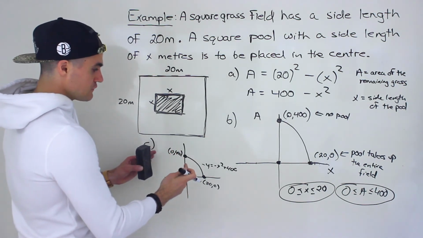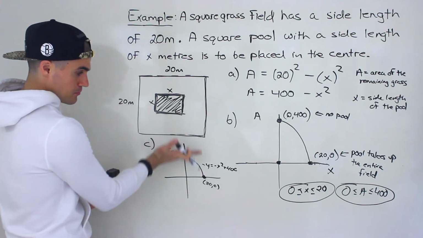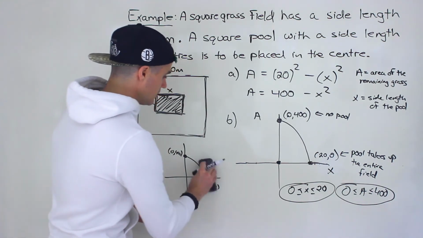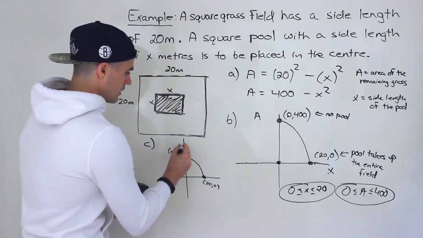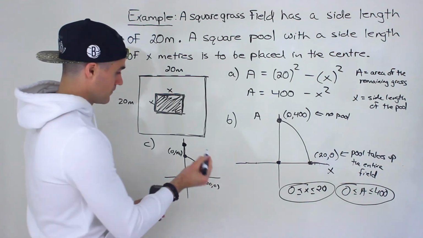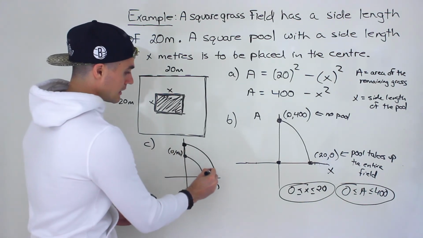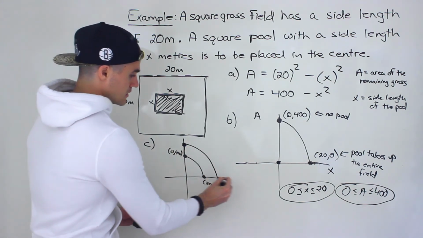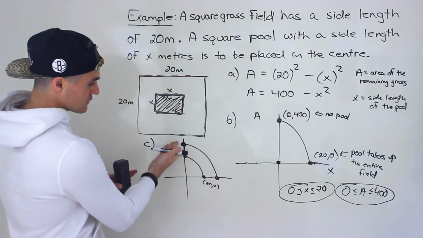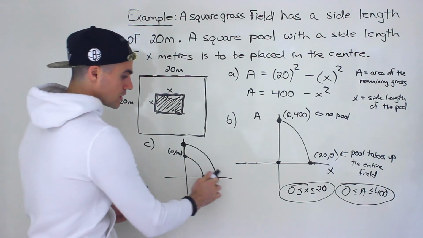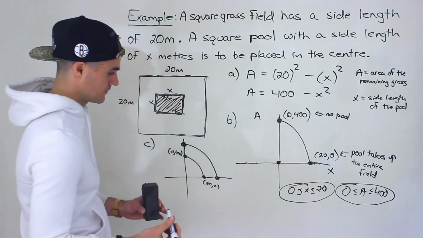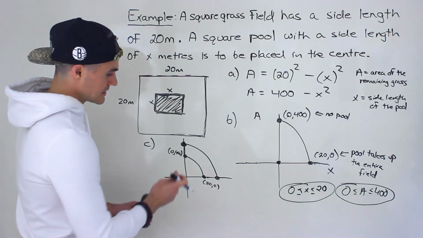Well, if we shift this graph up, now the vertex is going to be up there, and it's going to be like this. So not only does the y-intercept shift up, but the x-intercept is going to be shifted to the right. That's basically what happens.